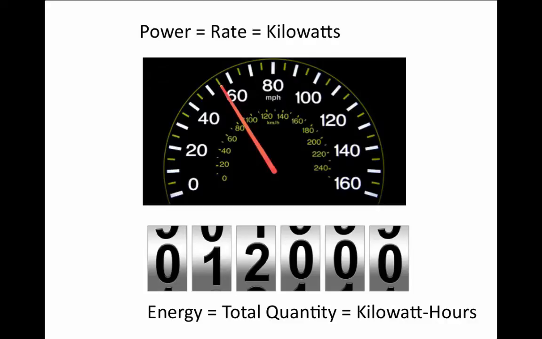So for example, if you're going 50 miles per hour for 4 hours, you'll have gone 200 miles and your odometer will have clicked off 200. So again, energy is a total quantity like what you'd read on your odometer, and power is the rate at which you're producing or consuming that energy, the rate at which you're clicking off those miles. That's just to illustrate the difference between power and energy.